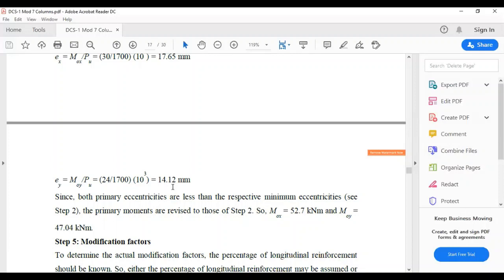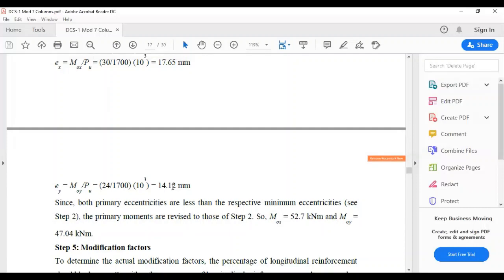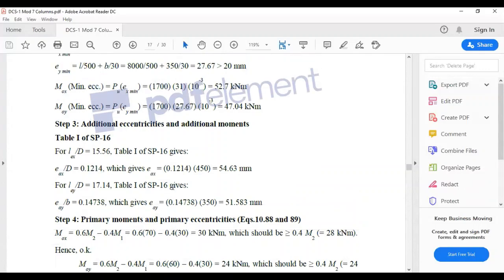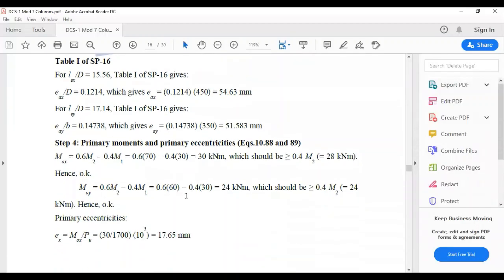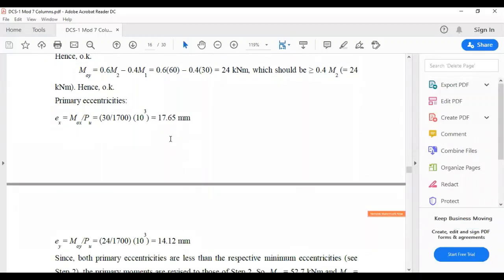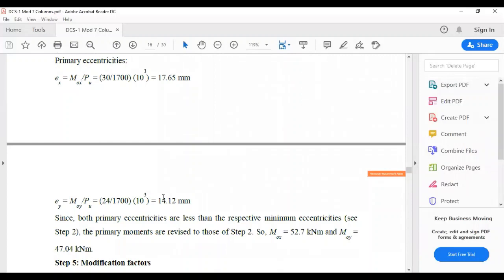So we can see that the primary eccentricities, that is the values of Ex and Ey, are less than the respective minimum eccentricities as discussed in step 2. These values are 31 and 27.67, and here it is 17.65 and 14.12.